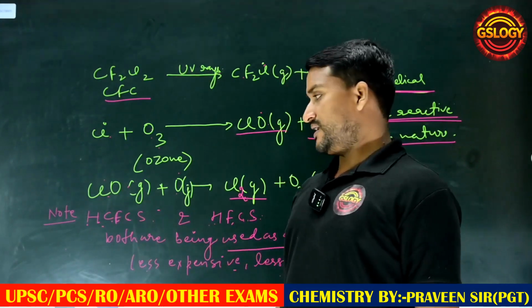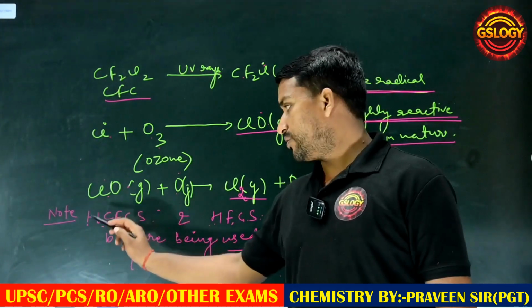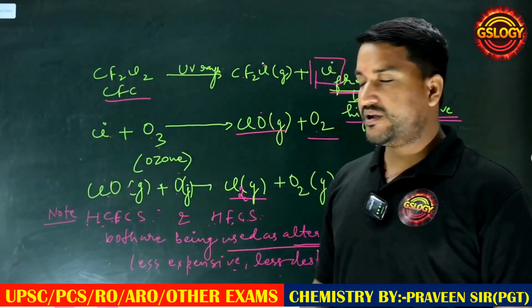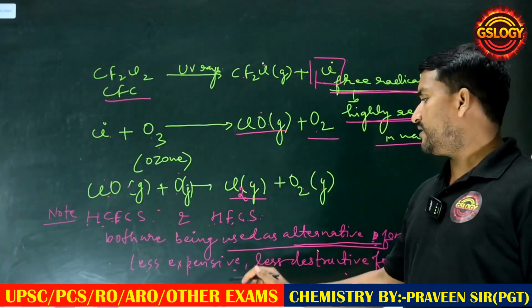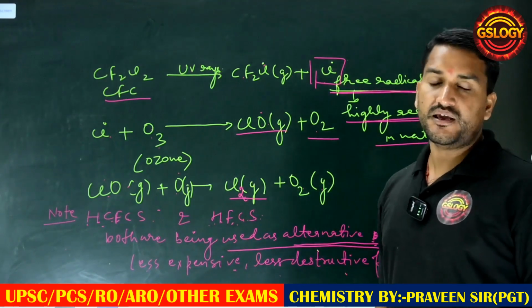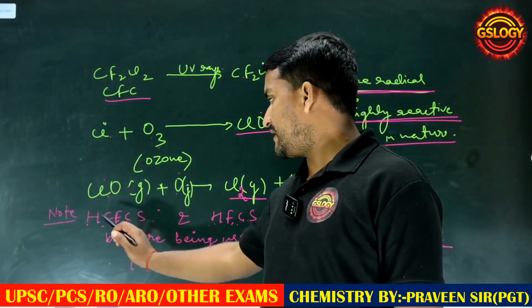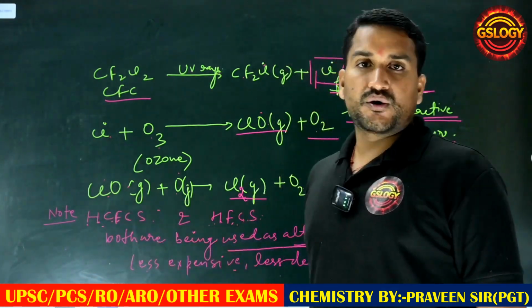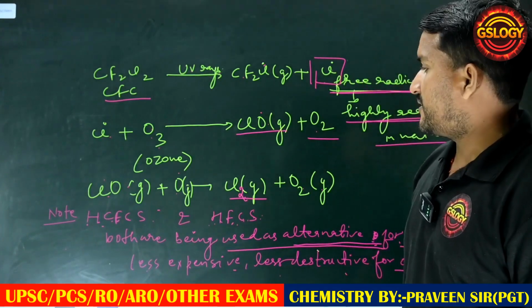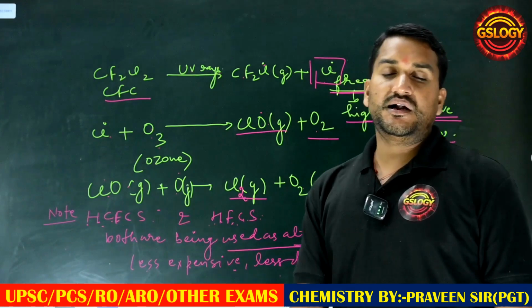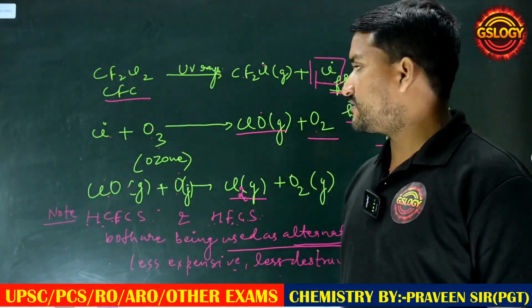HCFCs contain hydrogen, chlorine, fluorine and carbon, whereas HFCs contain only hydrogen, fluorine and carbon. Only one difference: in this, chlorine is present, but in this, chlorine is not present. Okay, both are alternatives of the CFC.